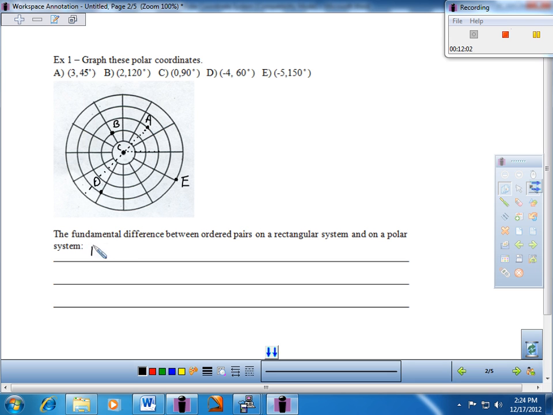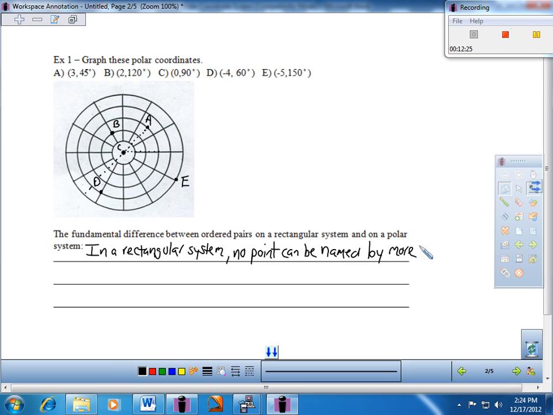Here's what I wrote on my paper. So in a rectangular system, your X and Y basically, no point can be named by more than one ordered pair.